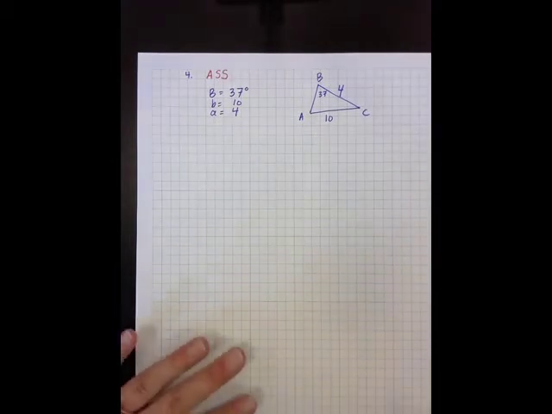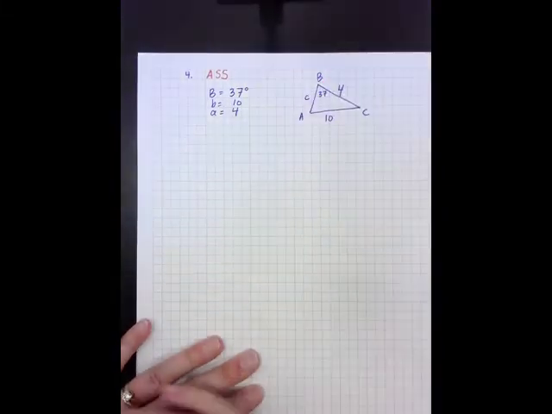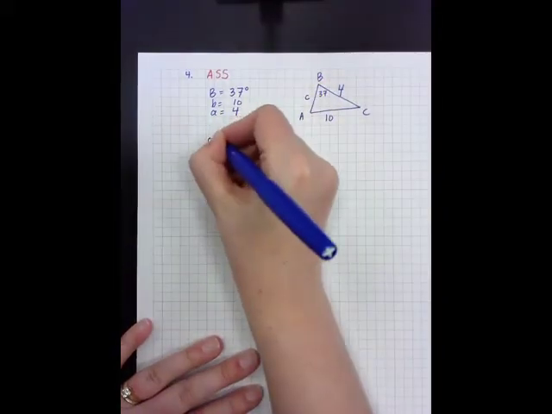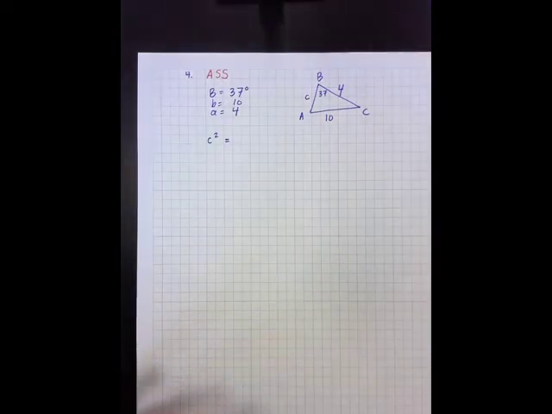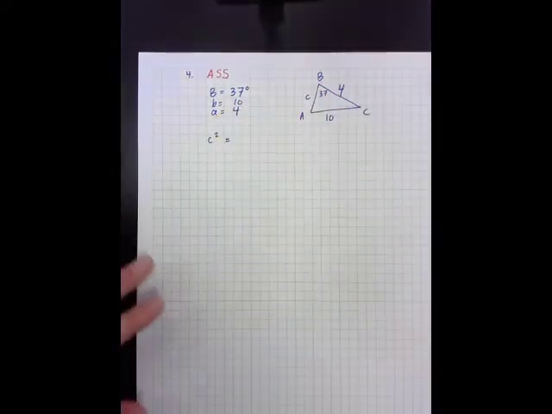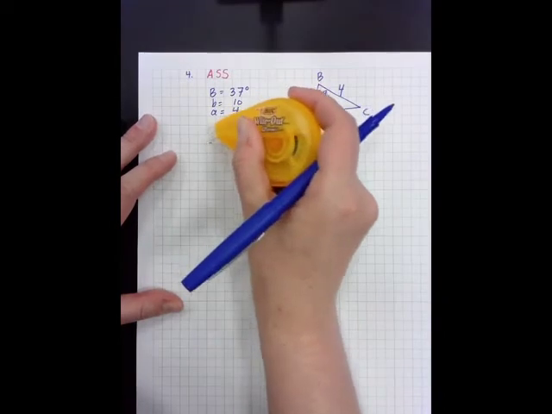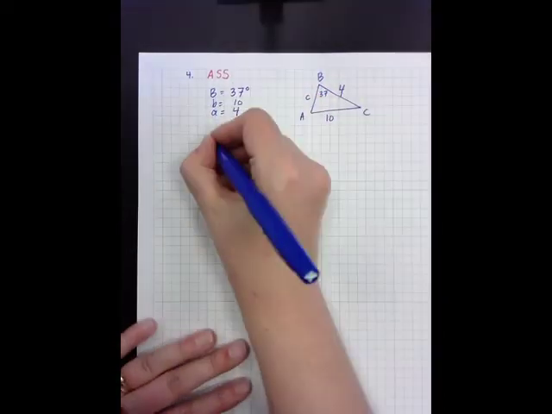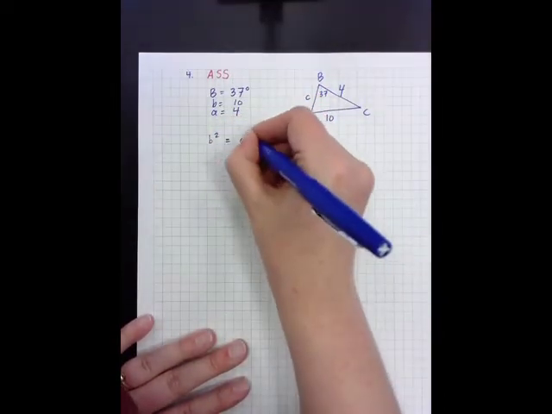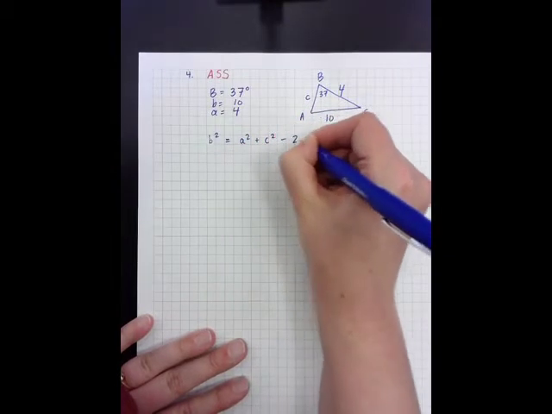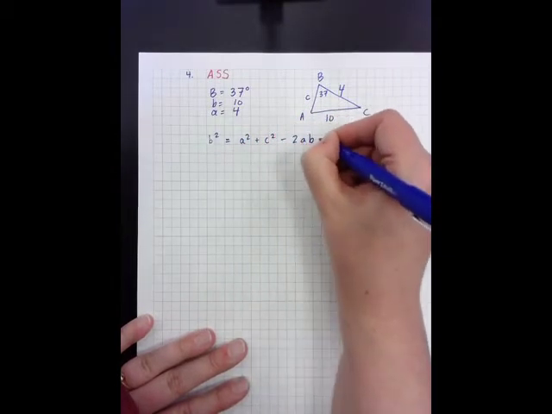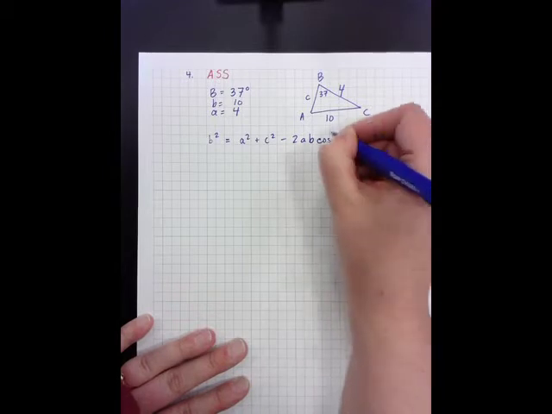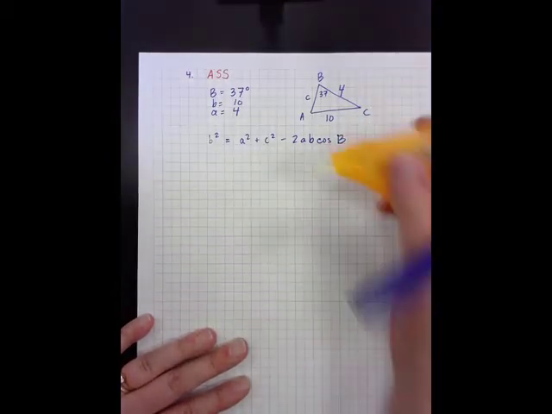And so for the law of cosines, I am going to solve for C. I am going to solve for side c, which means I'm actually going to use angle B. So I have b squared equals a squared plus c squared minus 2ac times cosine of B. And I misspoke again.